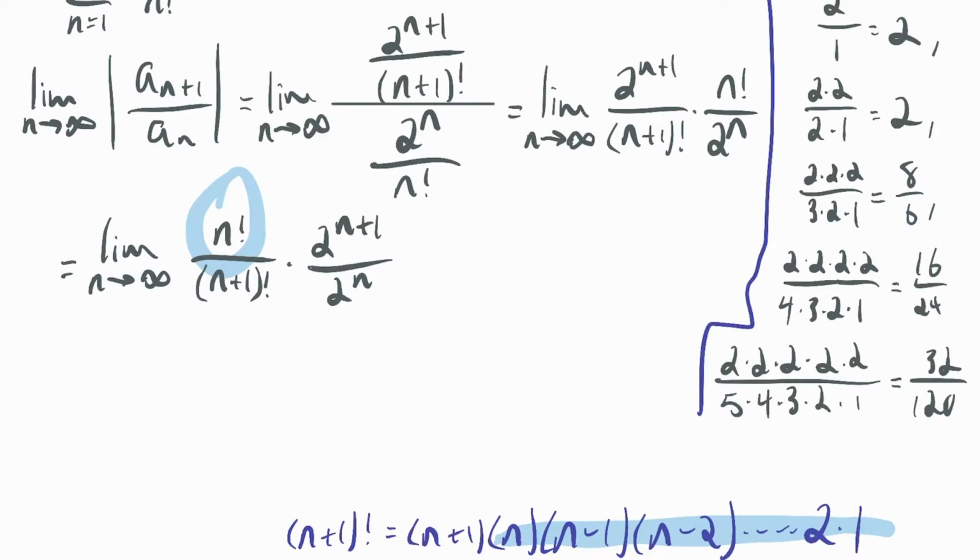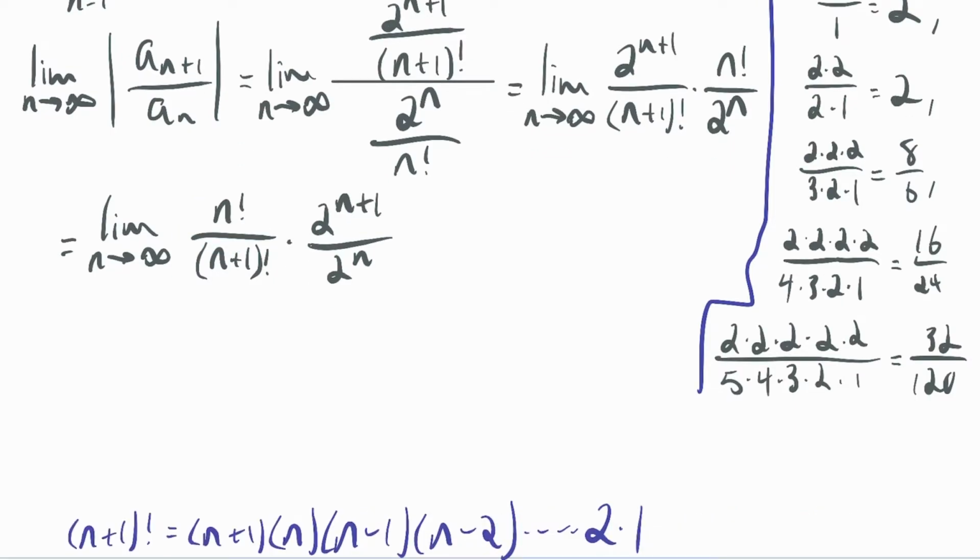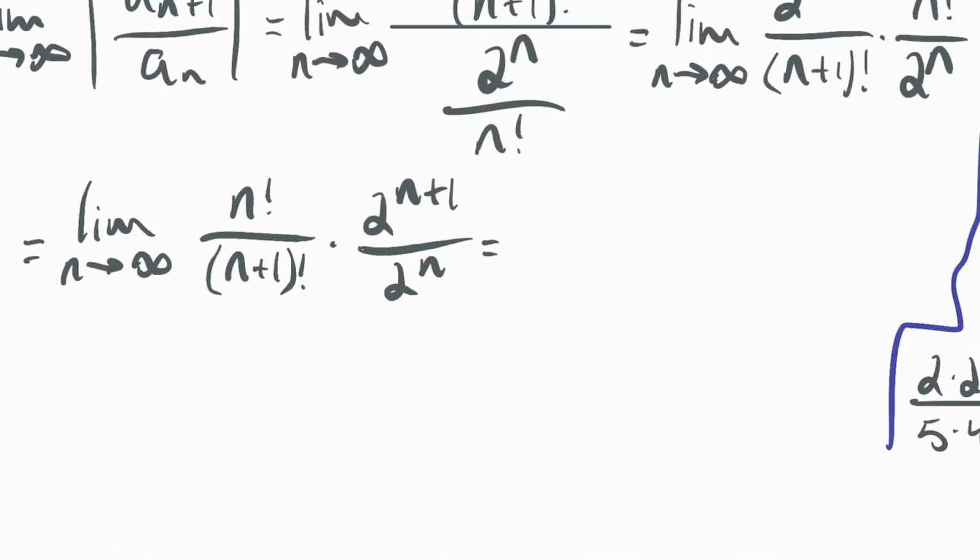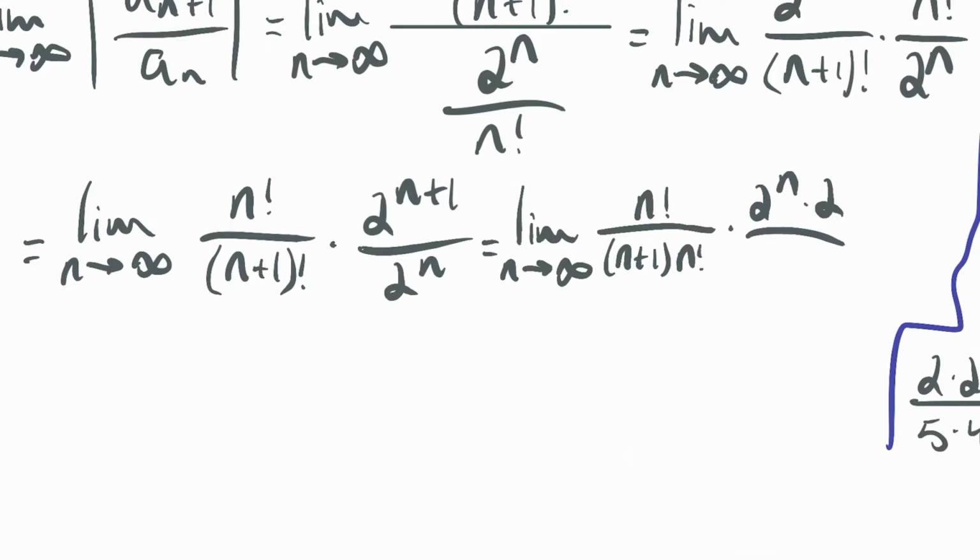So in other words, rewrite this n plus 1 factorial as n plus 1 times n factorial. Okay, so here I'm going to have the limit as n goes to infinity of n factorial over n plus 1 times n factorial times 2 to the n times 2 over 2 to the n, and I get a bunch of cancellation.